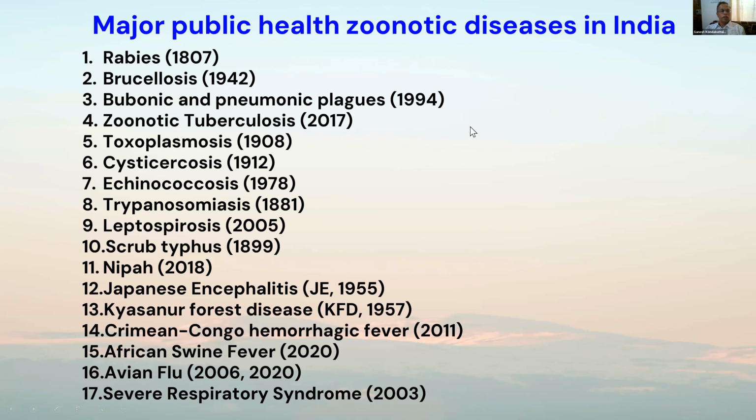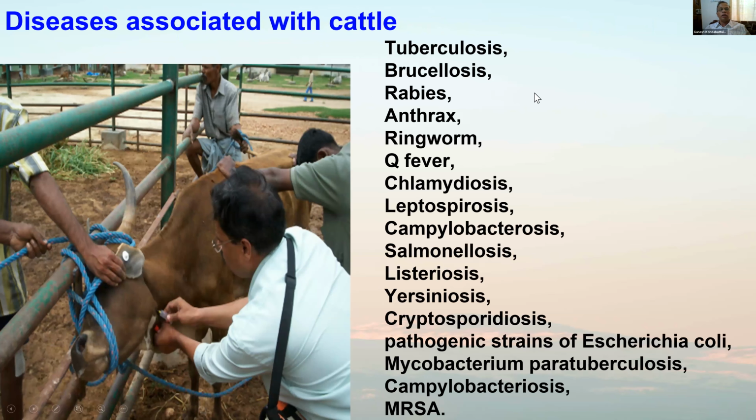And other diseases I listed here, avian influenza and others. When we talk about working with cattle and cows, we have a lot of important zoonotic diseases, particularly tuberculosis, which was already mentioned by Omesh Bharti, and then brucellosis, rabies, anthrax. These are the few diseases I mentioned here.